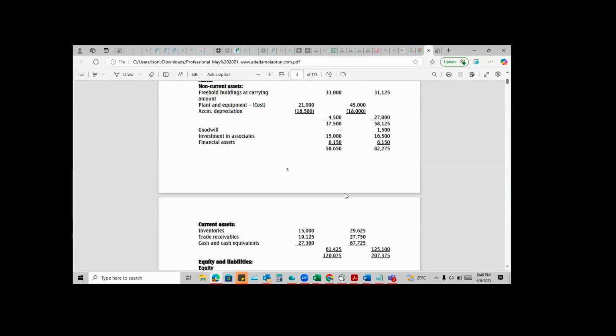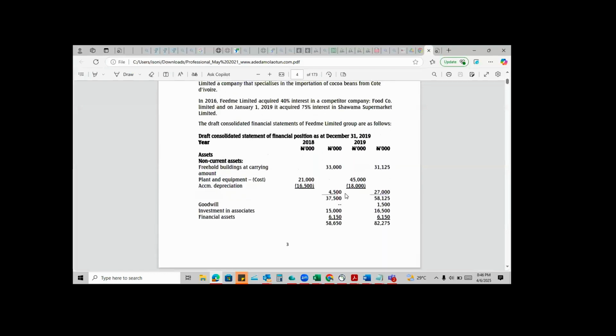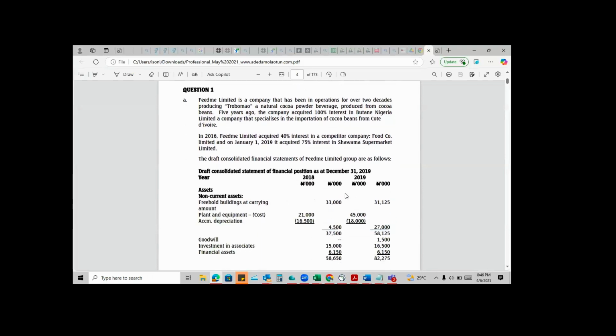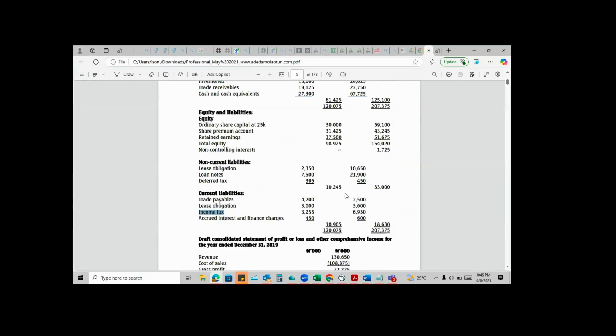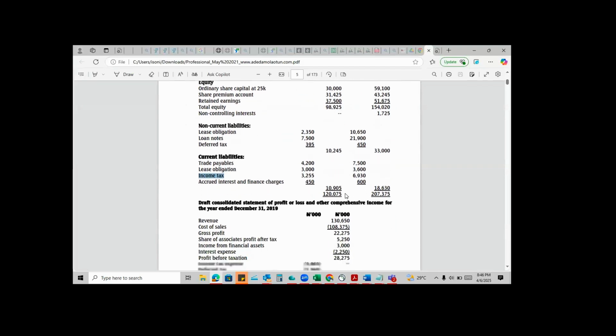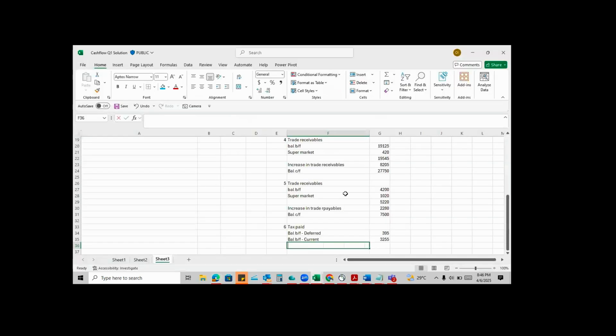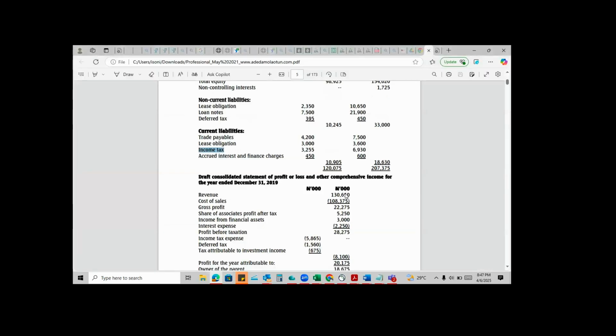For current tax, I should see it in the, what is it called? Income statement. I should see it in the income statement, right? All right, before I even go there, income statement says income tax expense for the year. Is that much? 5,865.